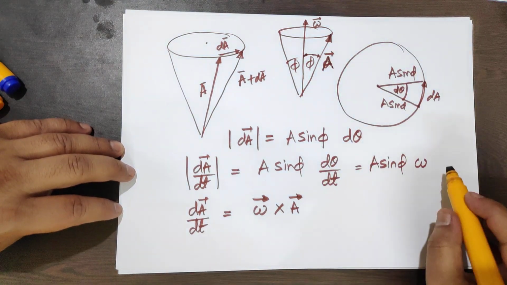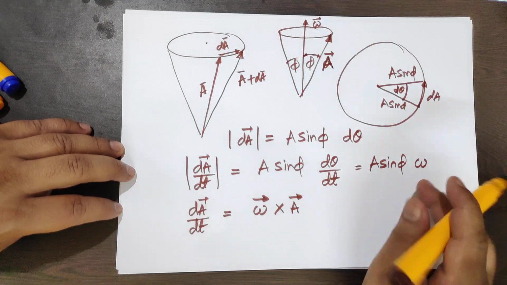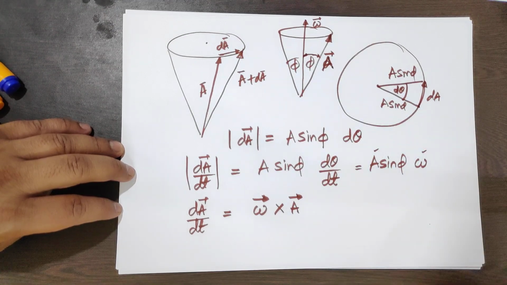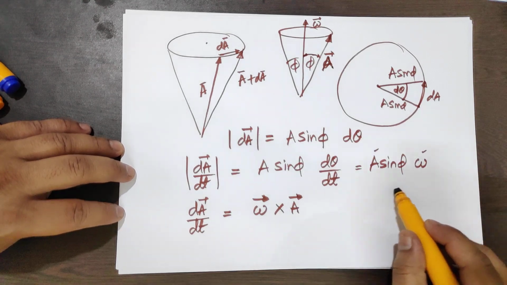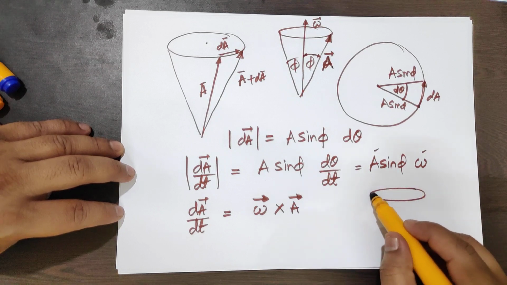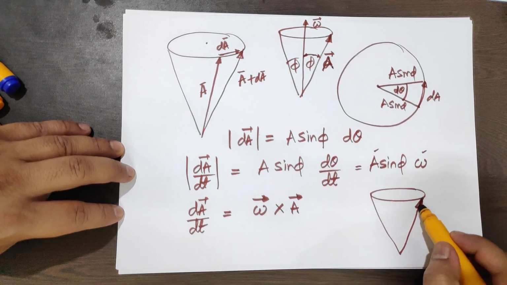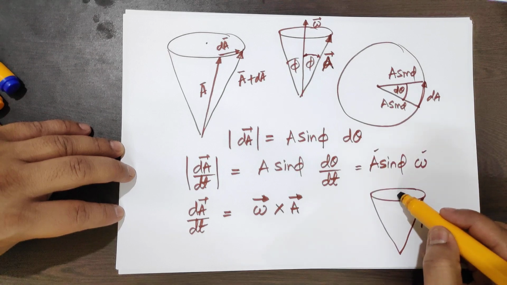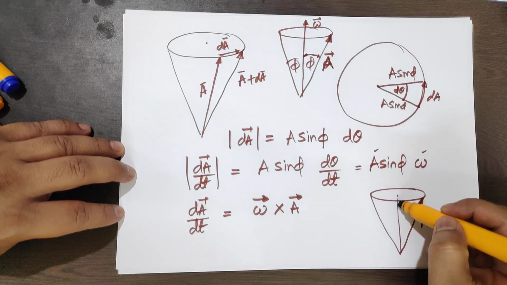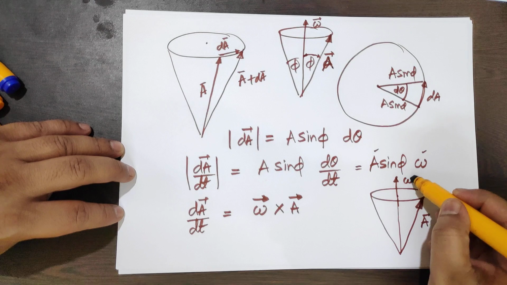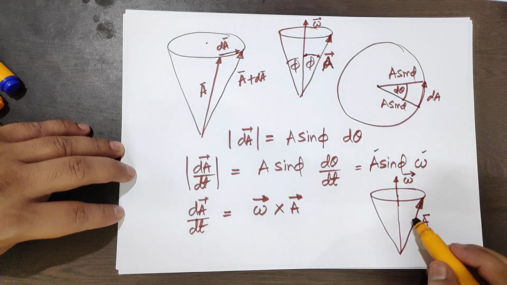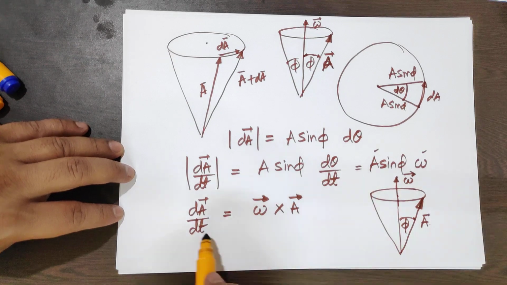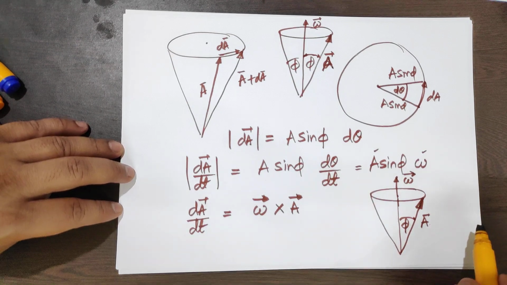So obviously it's the magnitude of the cross product between these two vectors. Did you get it properly? See, another diagram. This is vector A and this is the direction of the angular velocity omega, and the angle between the vectors is phi. So dA dt is omega cross A.